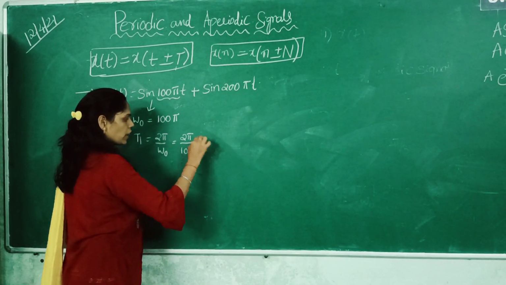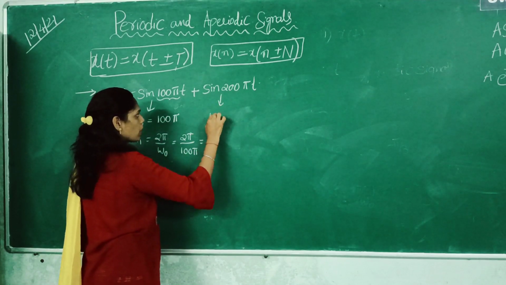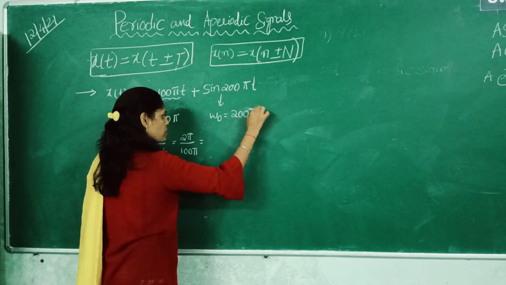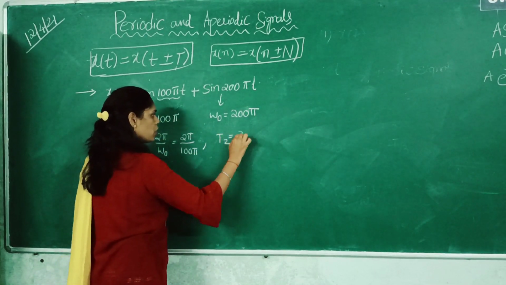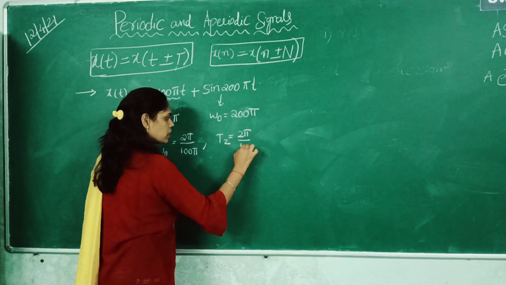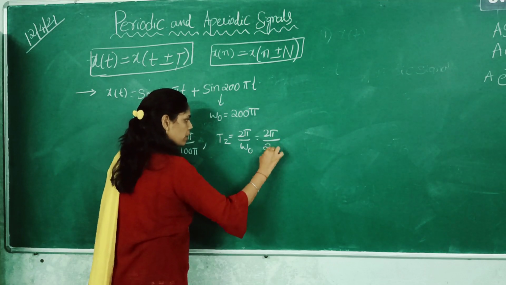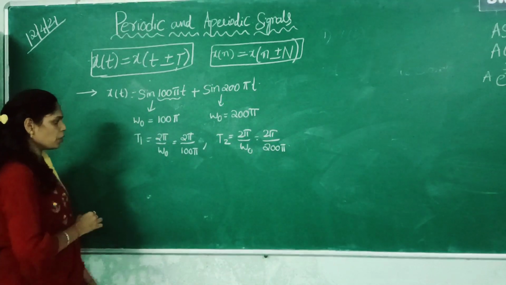Let us keep it like that only. For the second one, omega naught equal to 200 pi, T2 equal to 2 pi by omega naught, that is 2 pi by 200 pi.